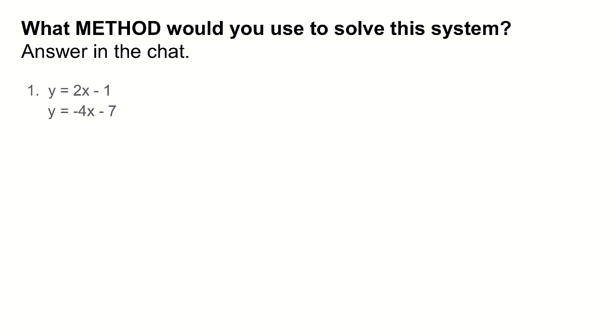Yep. I see what you're saying. So your idea is to multiply this equation by 2 and then add them together. That will work. But the method that I would use here, I would use substitution.